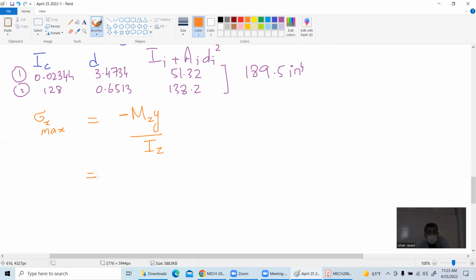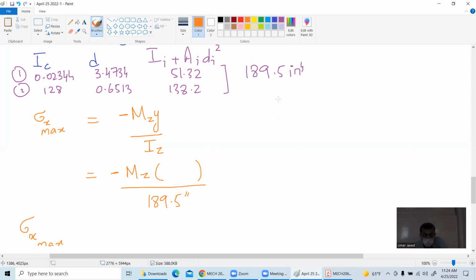So minus, I will give you the moment, right now I don't remember, multiplied by the distance from the neutral axis divided by Iz, that is 189.5 inch to the power 4. So let's say I'm talking about the maximum. Whatever this is, we will see whether it is compressive or tensile.